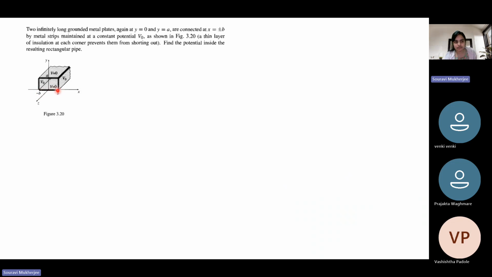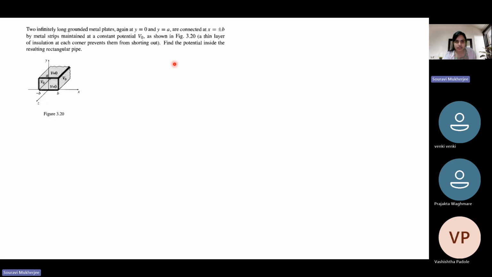Then again V is equal to 0 at y equal to 0 and at y equal to a. And you have these two constant potentials at x equal to b and x equal to minus b, which means whatever expression of potential you find has to be symmetric about x, because your conditions are symmetric about x.